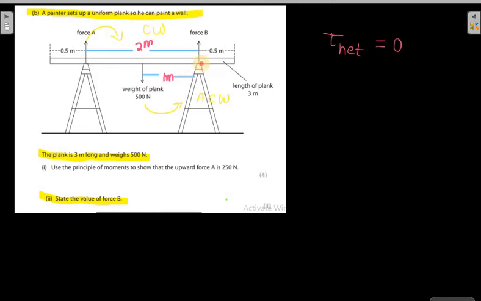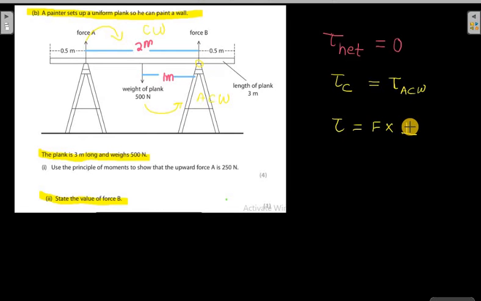If we take the moment about this point, then the clockwise moment or clockwise torque will be equal to the anti-clockwise torque. Or you can write torque clockwise will be equal to torque anti-clockwise.